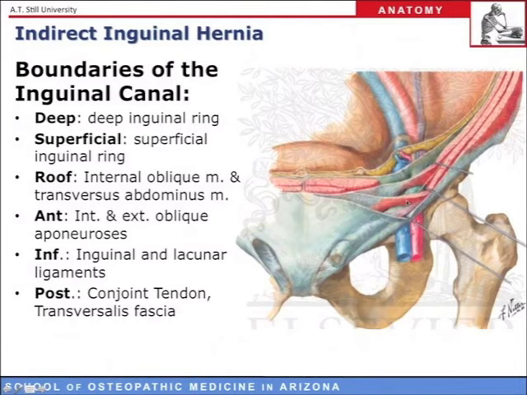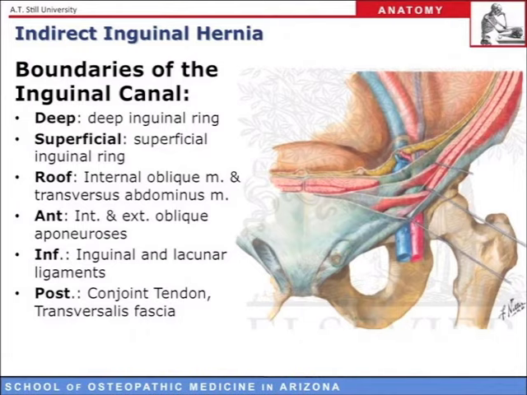So from the superior, let's move anteriorly, and the anterior boundaries for the inguinal canal are going to be the internal and external oblique aponeuroses. So we can see the external oblique here, and we can follow that, and here's the aponeurosis, making the anterior border of the inguinal canal, and the internal oblique also participates in that anterior border.